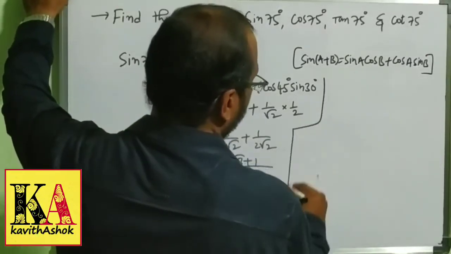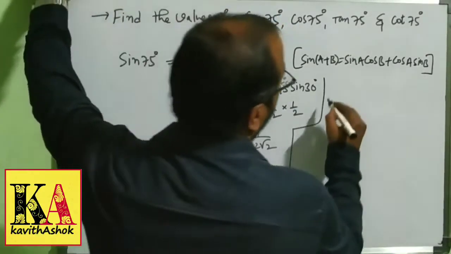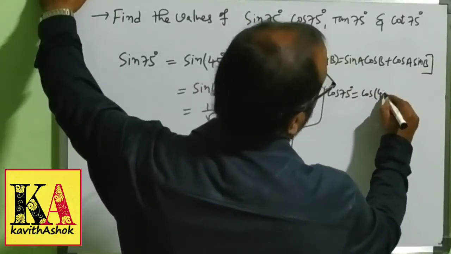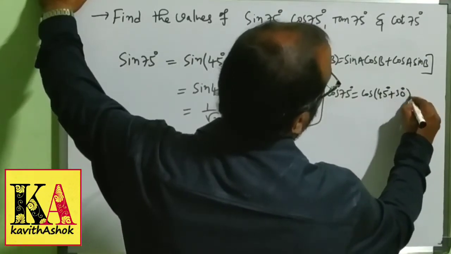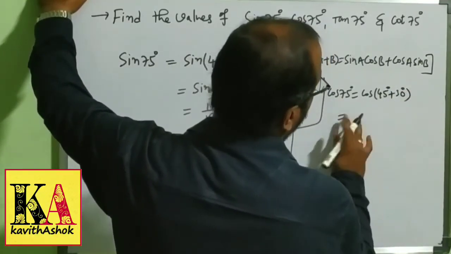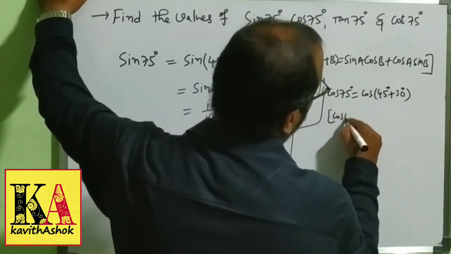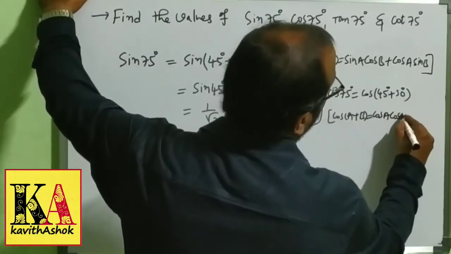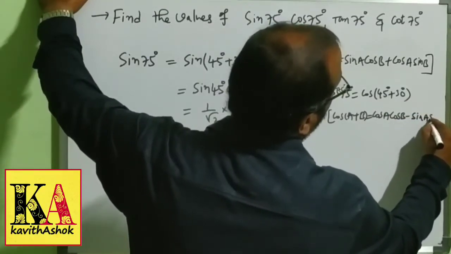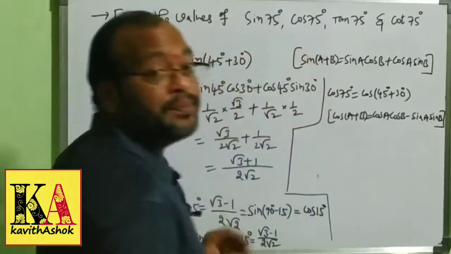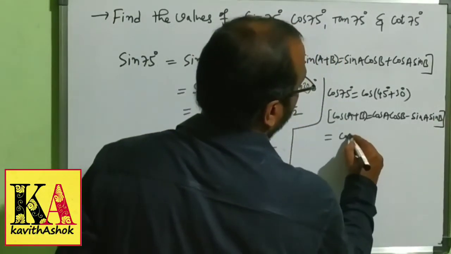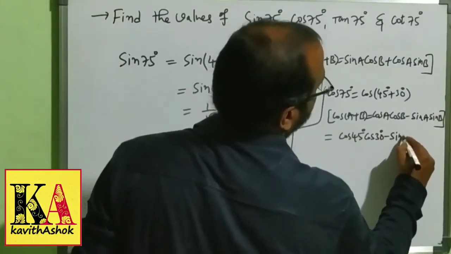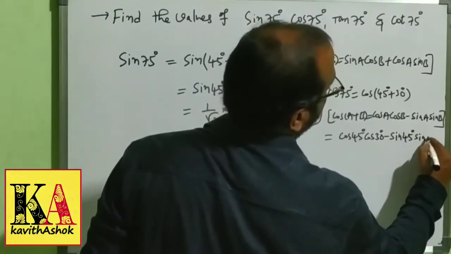In the same manner, we want cos 75. Again we can write this as cos of 45 degrees plus 30 degrees, and according to the compound angle formula, cos of A plus B is nothing but cos A cos B minus sin A sin B. This is equal to cos 45 degrees cos 30 degrees minus sin 45 degrees sin 30 degrees.